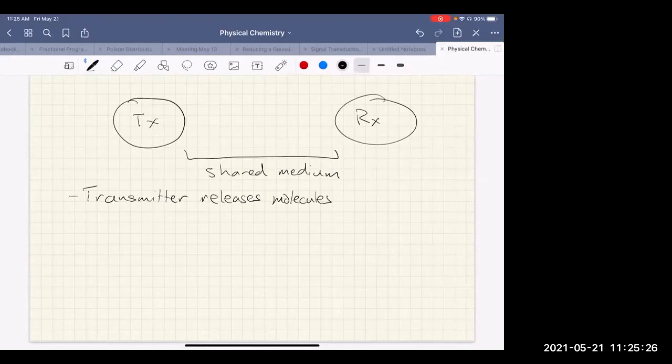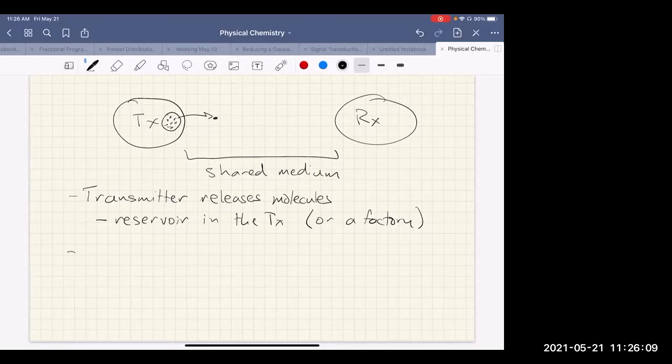So in other words, this implies there is a reservoir in the transmitter, or perhaps, if you like, a factory to create those signal bearing molecules. Somewhere in here, there's a reservoir that contains a lot of molecules. Then using some technique, which we're going to leave abstract for now, but we saw some examples in the introduction, the transmitter is going to select a molecule and release it into the shared medium.